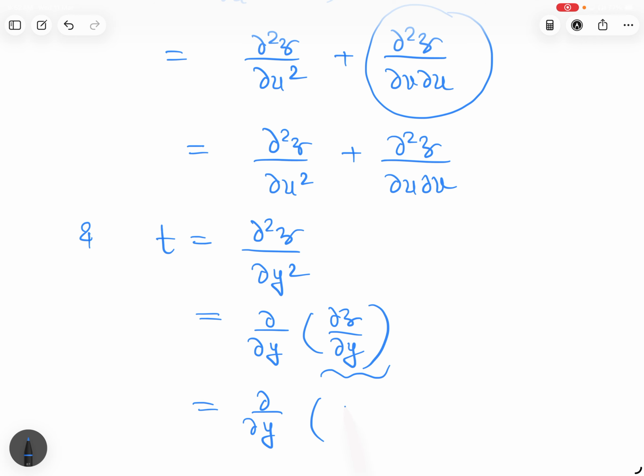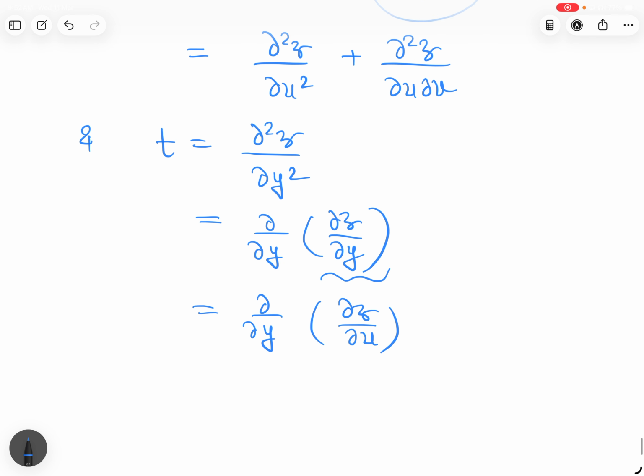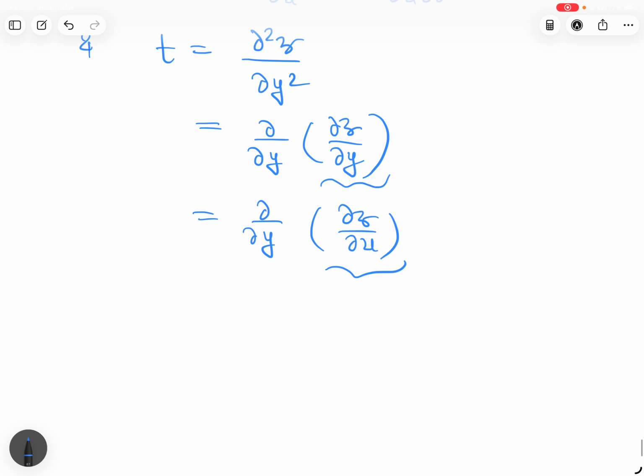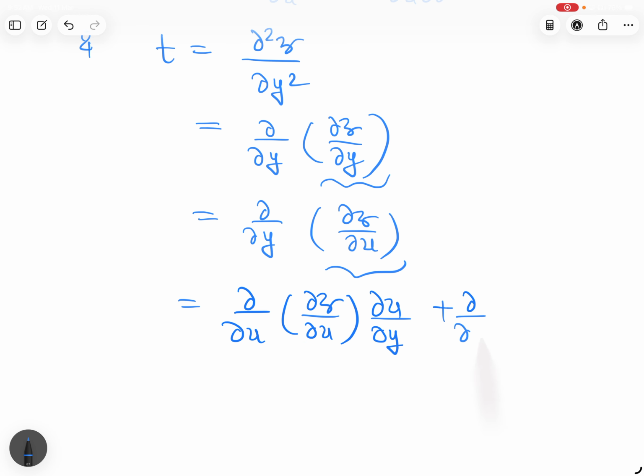What is del Z upon del Y? This is del Z upon del U. Again I will consider this as one quantity and write the formula: del Z upon del U, del U upon del Y plus del Z upon del V, del Z upon del U, del V upon del Y. So what is del U upon del Y value?